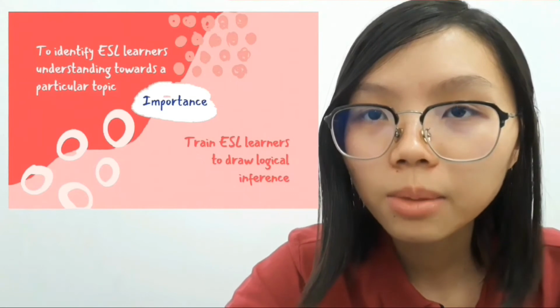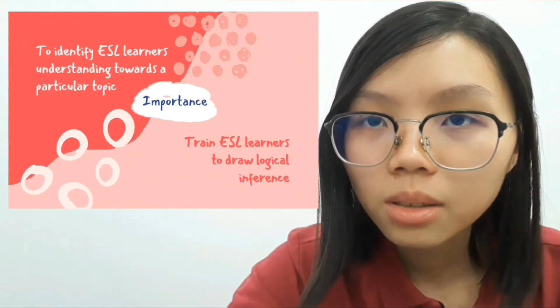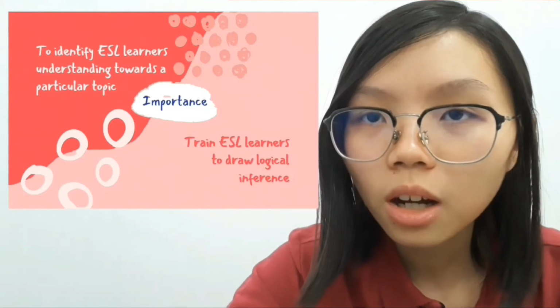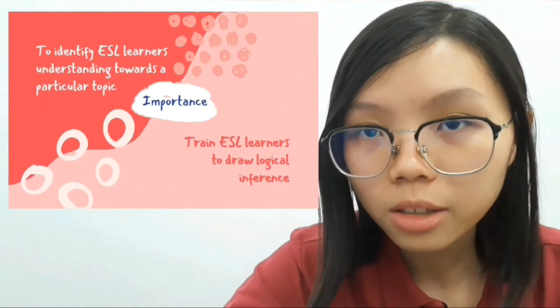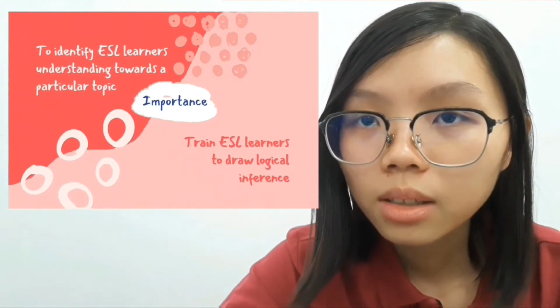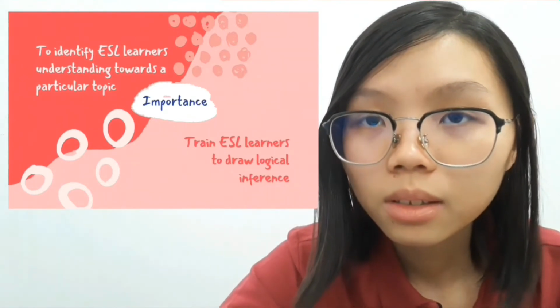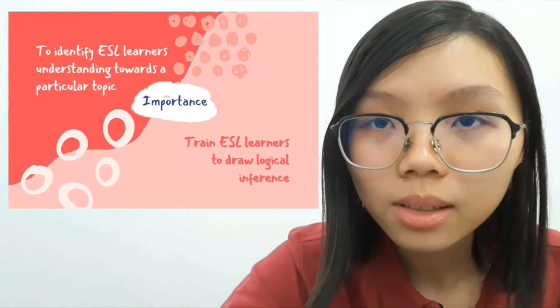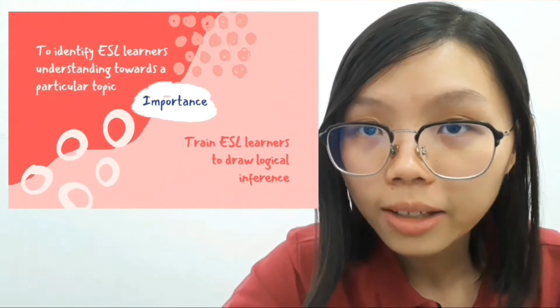Okay, the next importance is ensuring the students are able to draw logical inferences. Why is that so? I give you an example. The teacher says the sky is blue and it is raining. Let me ask you, is that logical? No, right?